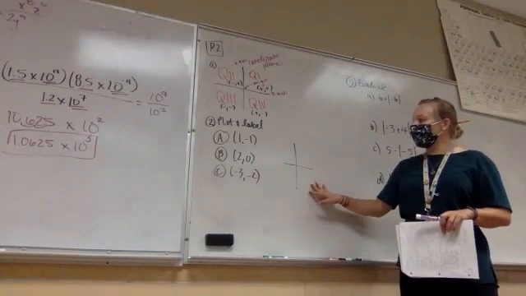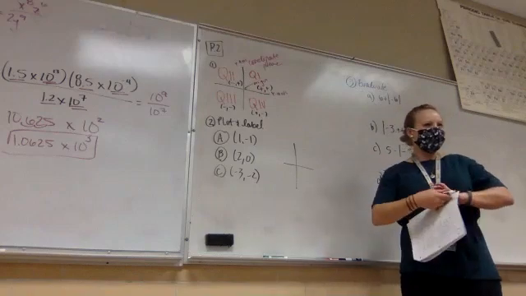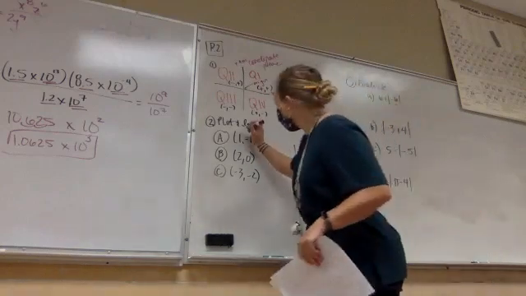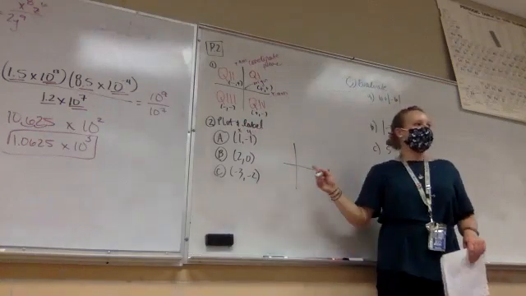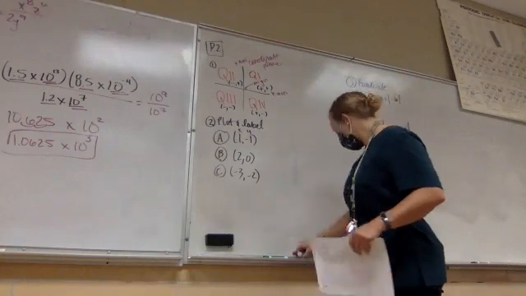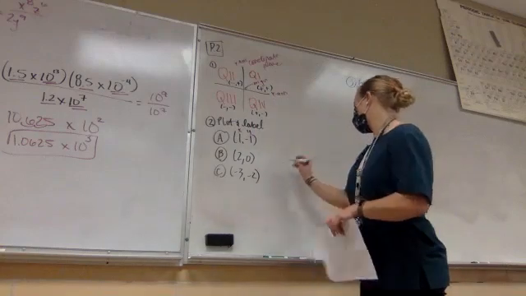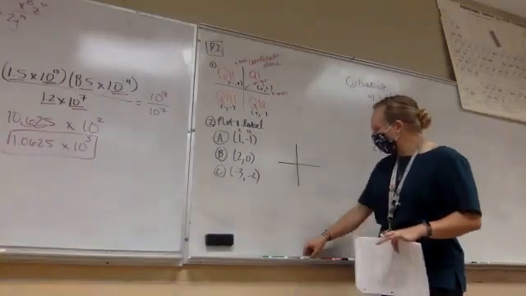All right, now we're going to plot and label. So we're going to plot points A, B, C. That's easy, right? I'm going to assume we know nothing. X, Y. We have to go over X and then up Y. So I'm going to go over 1, down 1.